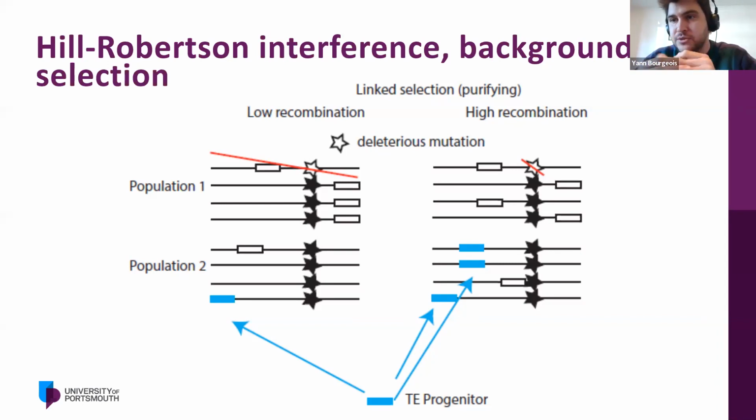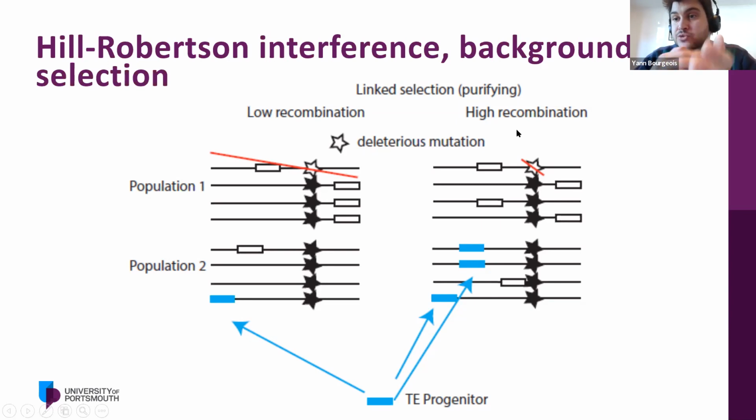Or at least that's equivalent to regions of locally lower effective population sizes. So you expect less diversity for neutral markers. On the other hand, in regions of high recombination, you expect more diversity because you have more independence between adjacent loci. So you don't have these effects of reduced diversity due to linked selection. It's not only about purifying selection, also the same effect would be observed if you have a positively selected locus.